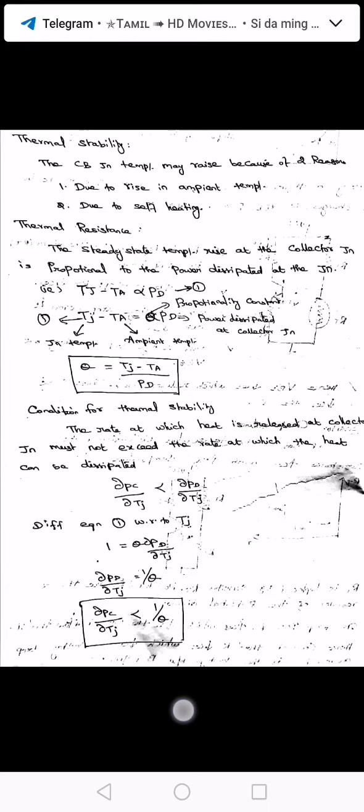That is, how much heat is released at the junction should not exceed the power dissipated at that particular junction, which is called thermal stability, right? This can be expressed in a mathematical expression: dPc by dTj less than or equal to dPd by dTj. That is, the rate at which heat is released at the junction must not exceed the rate at which power is dissipated at the junction.